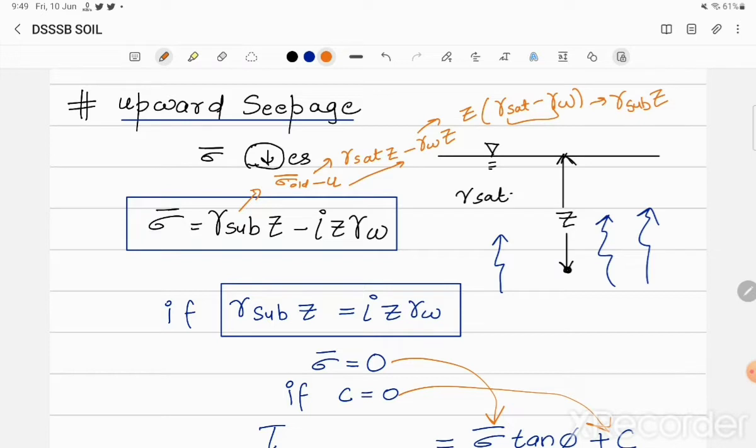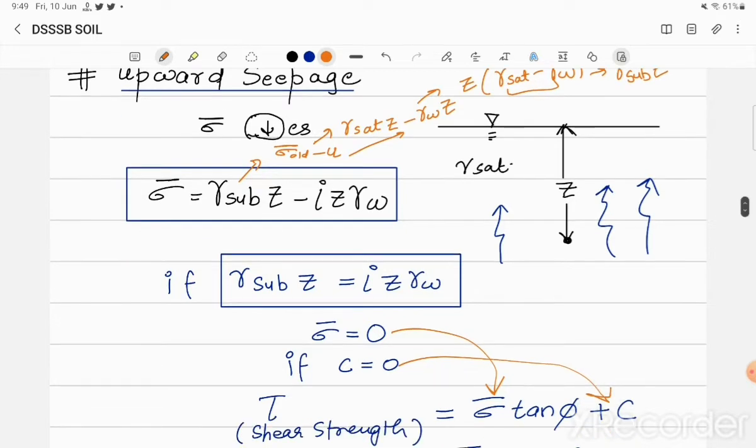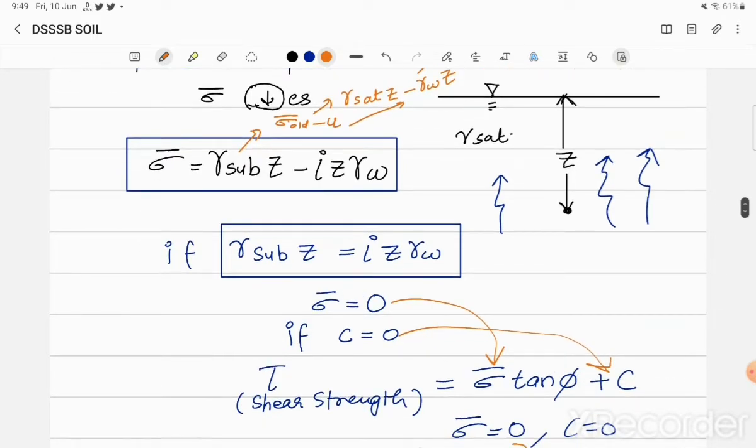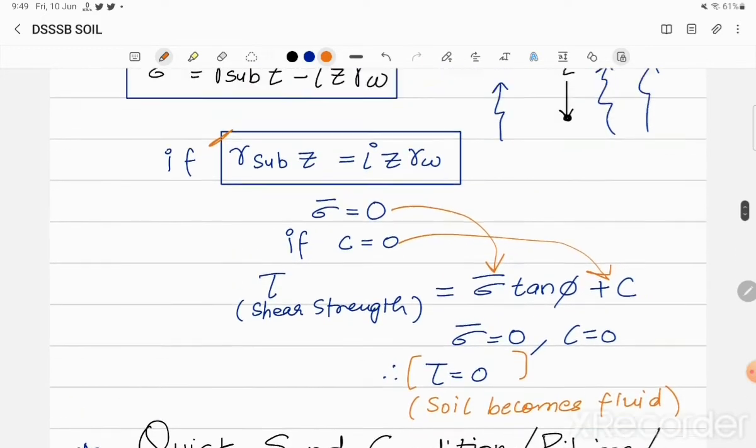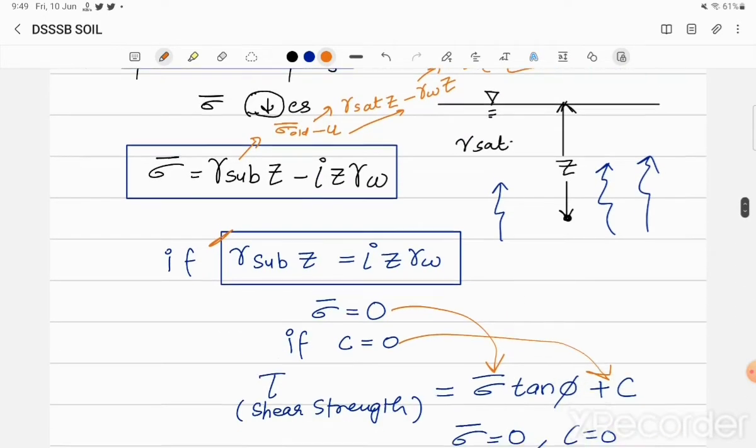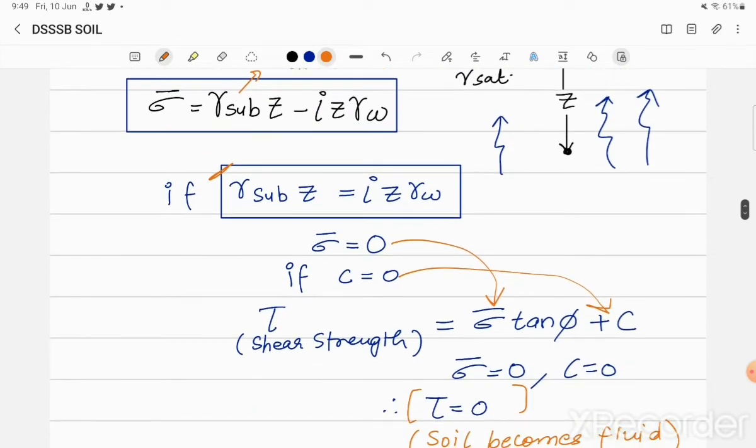Hence, in the formula, we see gamma submerged z minus the seepage pressure. Now, if a certain situation arises that gamma submerged z becomes equal to the seepage pressure, that is, effective stress of soil becomes equal to the seepage pressure, then the net effective stress will become 0.